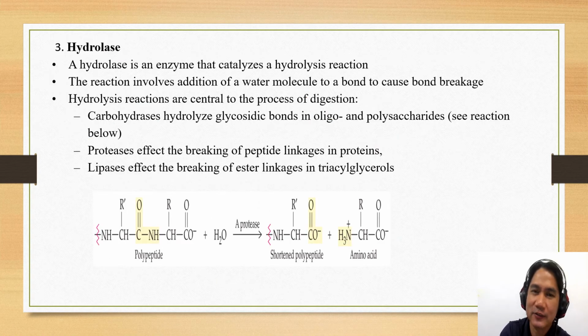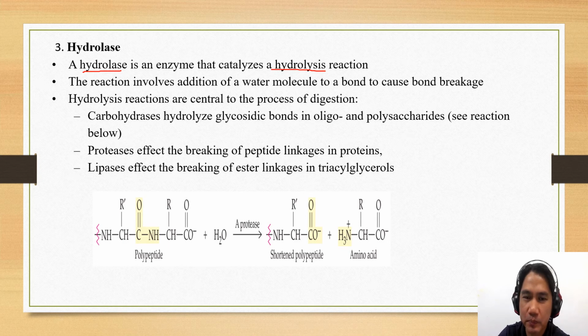The third major class of enzyme is called hydrolase. As I mentioned earlier, hydrolases are enzymes that catalyze the breaking of bonds in the presence of water, so they catalyze hydrolysis reactions.